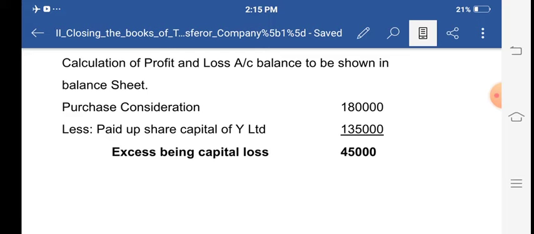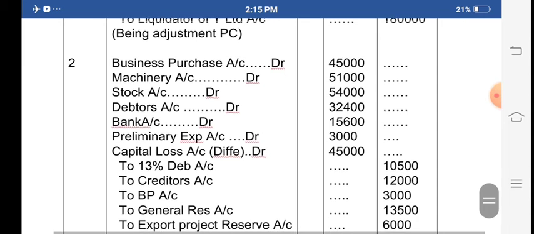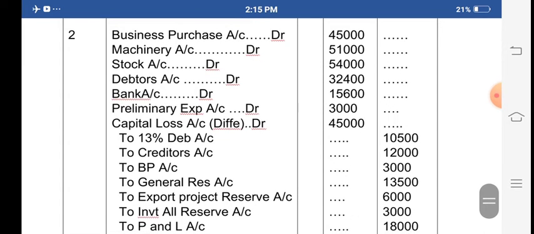This 45,000 is the loss for X company, because Y company is getting 1,80,000 while its capital is only 1,35,000, and X company is paying 1,80,000. So this 45,000 is the loss for X Company Limited. That's why the capital loss account difference is 45,000.